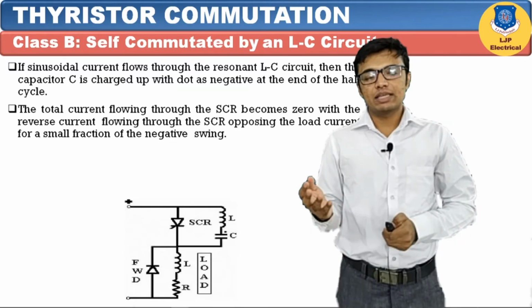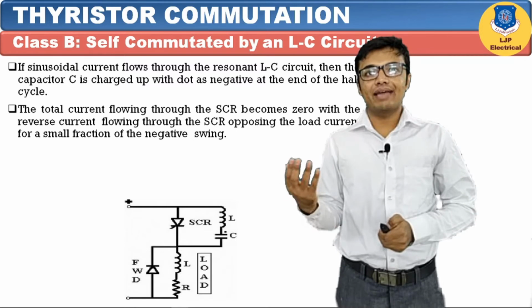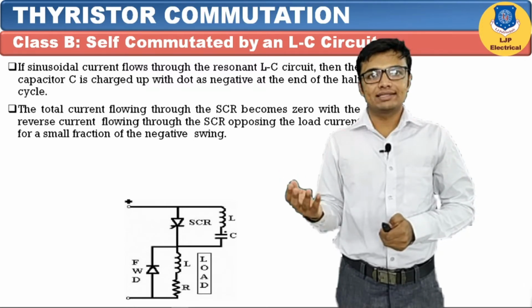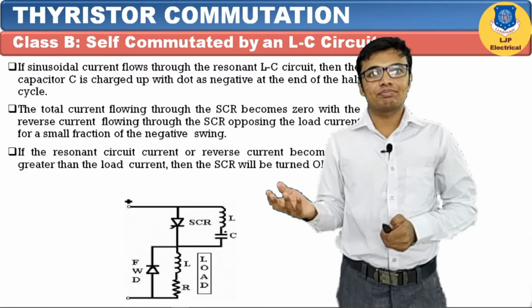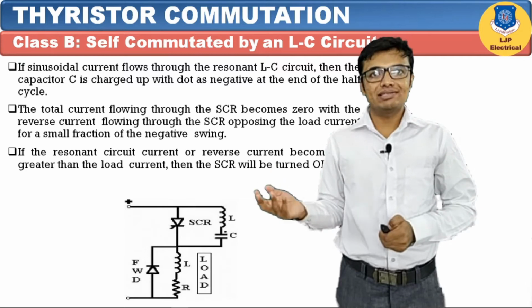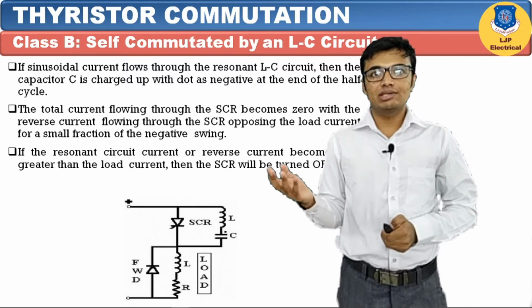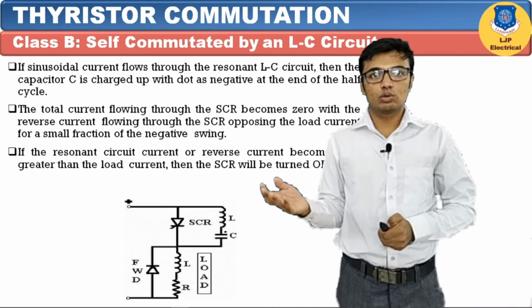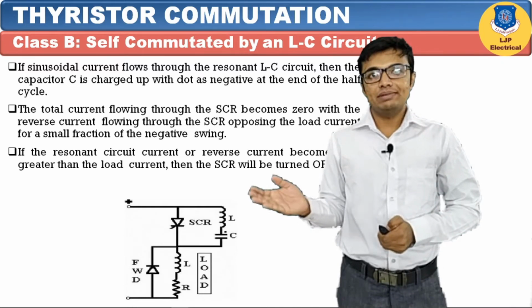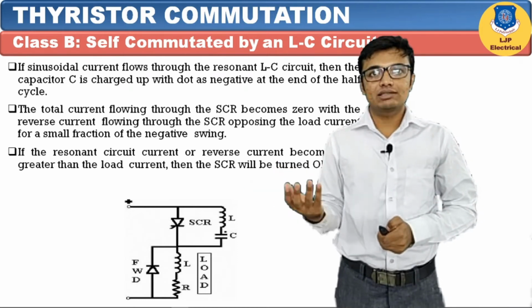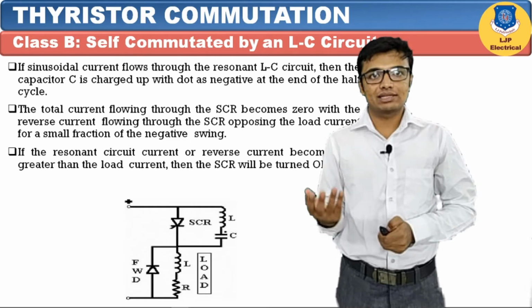Suppose we have not triggered the SCR; before that this capacitor will charge, and the upper plate of this capacitor will be positive. If we trigger this SCR, then this capacitor will discharge through it. At the same time the supply passes through this SCR, so the capacitor and the supply charge this capacitor in the reverse direction.